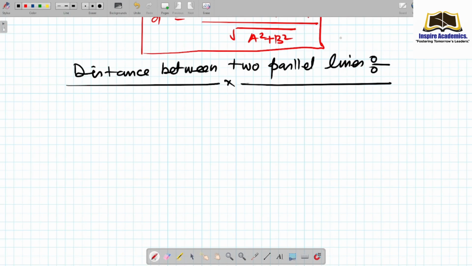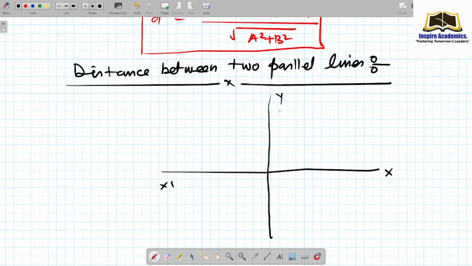Right? Let me take you once again to the basics. Do you see these two lines, x x dash, y y dash and origin? And once again I am drawing two lines, one is here, another one is here. These are parallel lines.